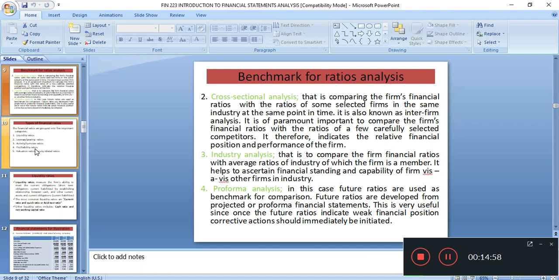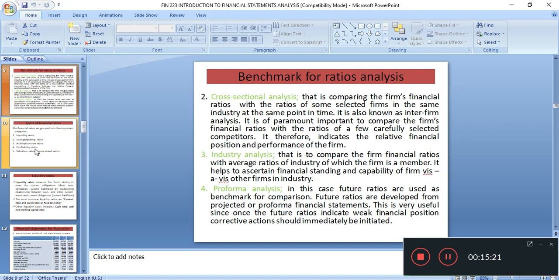It is also known as interfirm analysis. It is of paramount importance to compare the firm's financial ratios with the ratios of a few carefully selected competitors. It therefore indicates the relative financial position and performance of the firm.